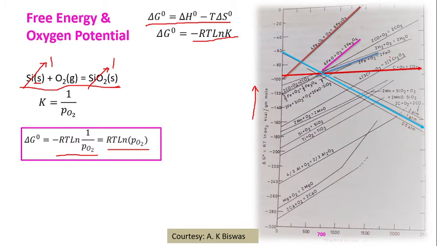These two lines intersect each other at about 700 degrees centigrade. So carbon plus O2 gives rise to carbon dioxide, which is a horizontal line, and preferably takes place below 700 degrees centigrade.